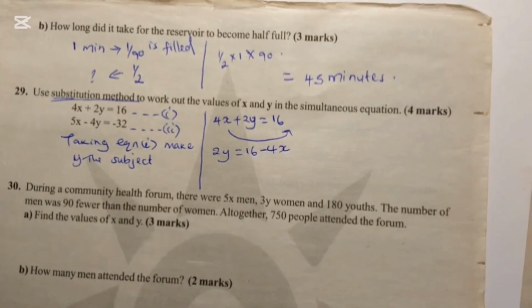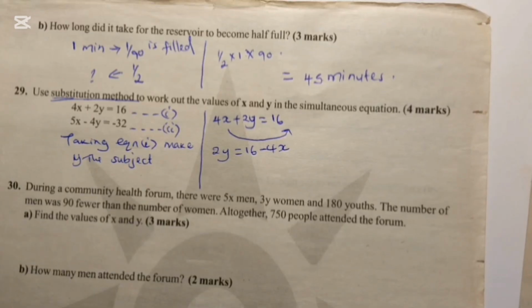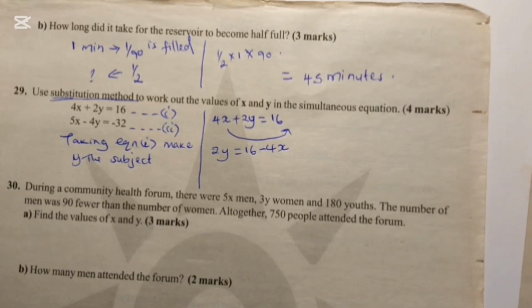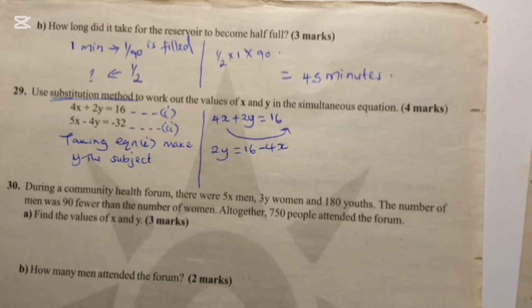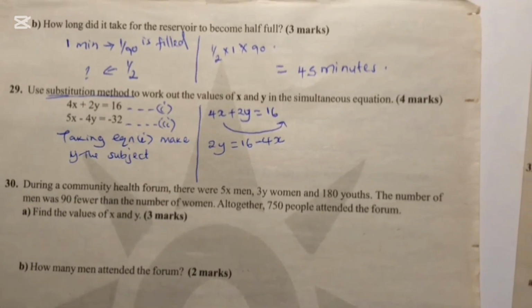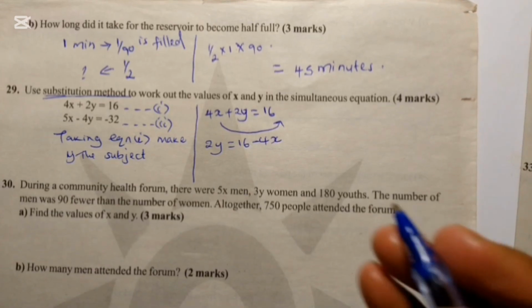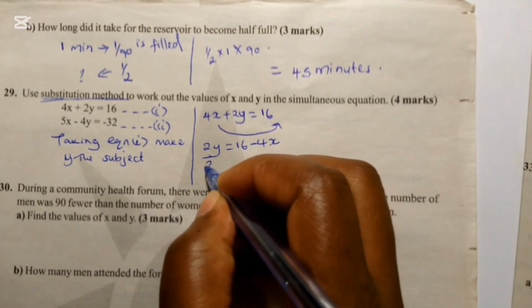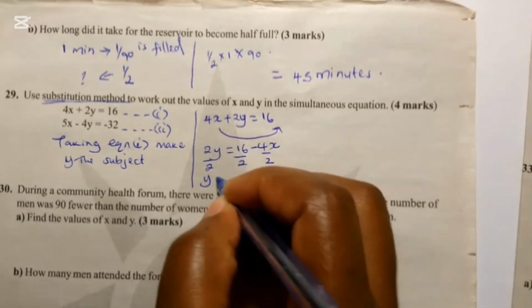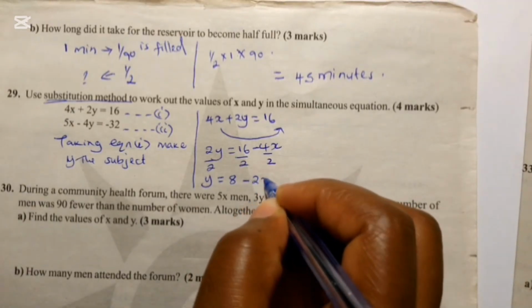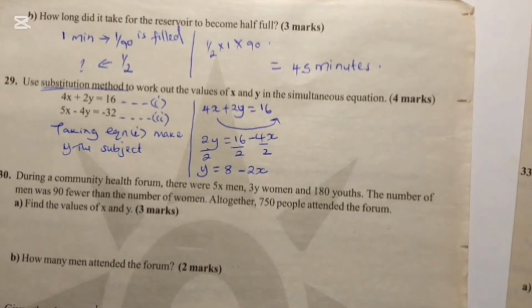I have intentionally decided to make y the subject because I have already seen that the coefficient of y is 2, and we can divide the other numbers by 2, hence getting a better y. Dividing by 2, 2, 2, we'll have y being equal to 8 minus 2x.